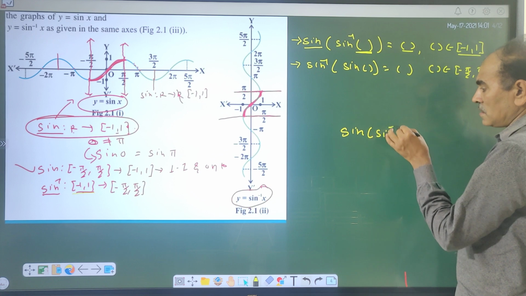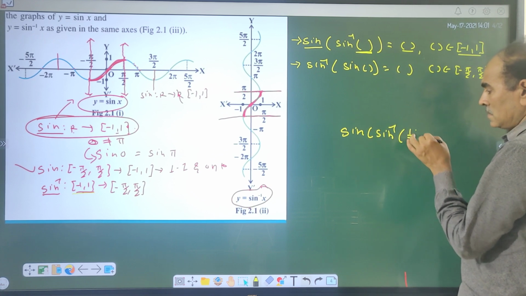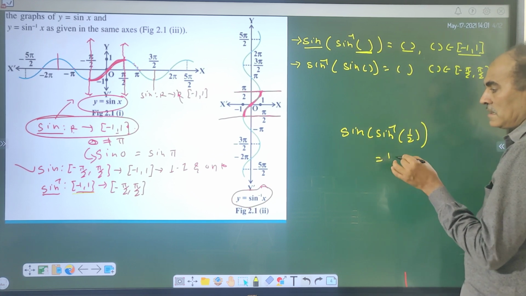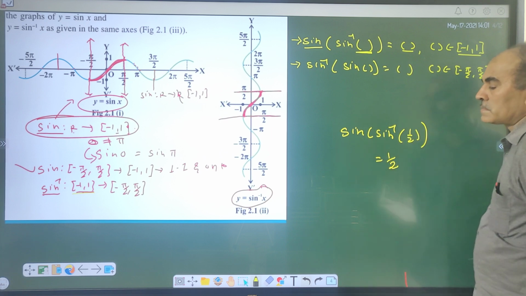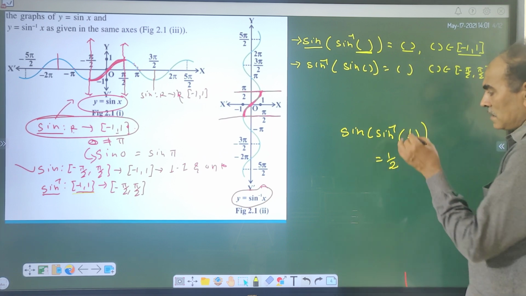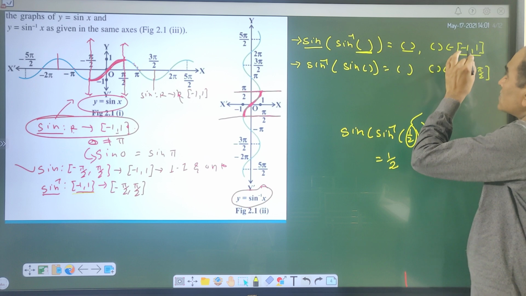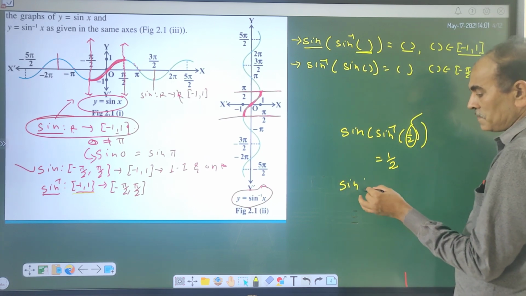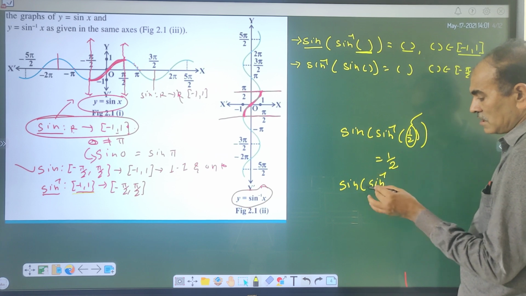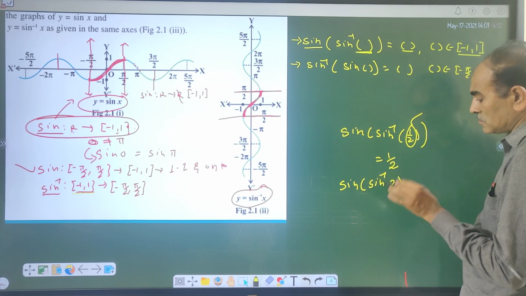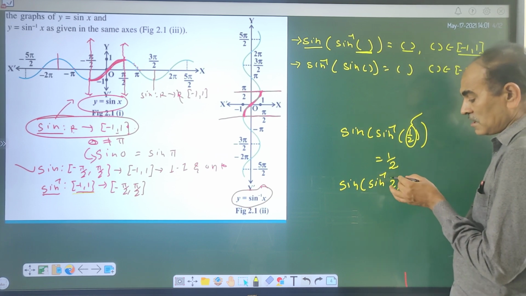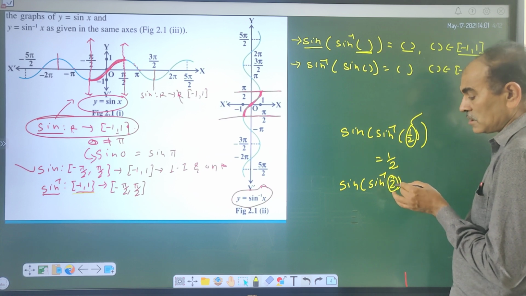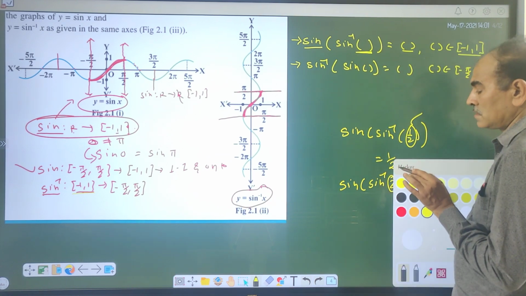That means if we wish to solve this one, sine of sine inverse 1 by 2, then it comes out 1 by 2. Why? Because 1 by 2 belongs to the closed interval minus 1 to 1. But if we want to compute sine of sine inverse 2, we can't take 2 because 2 is not in the domain here.